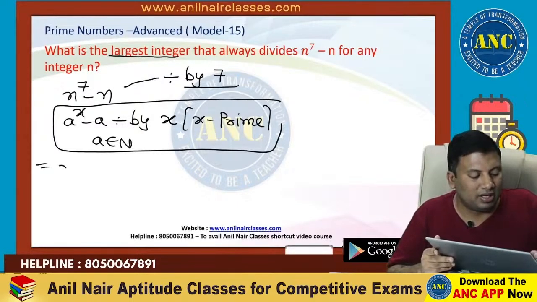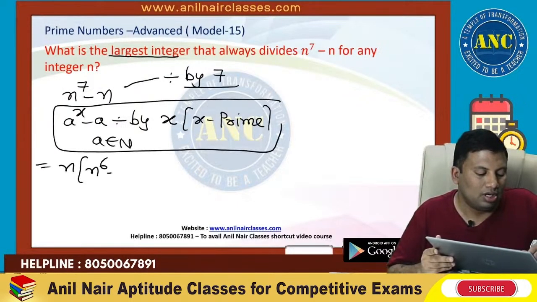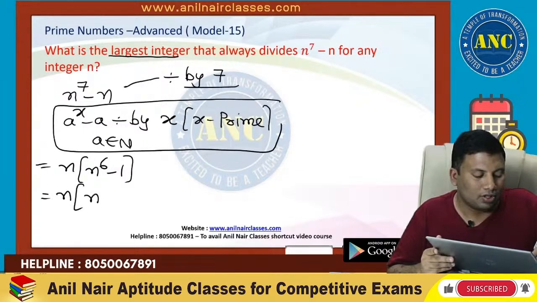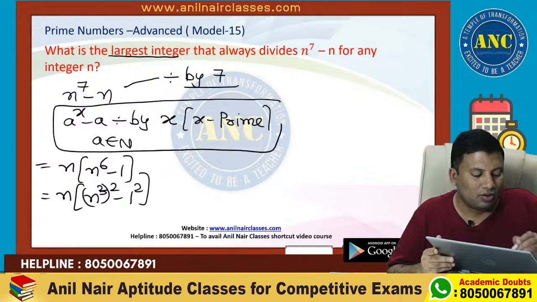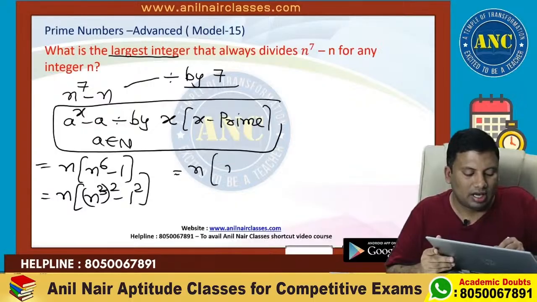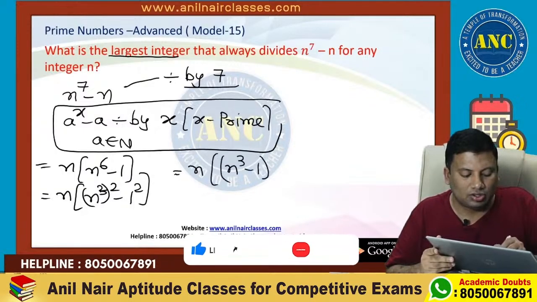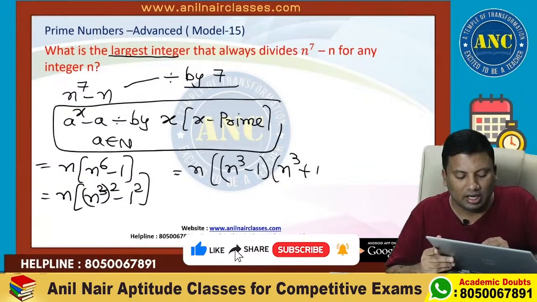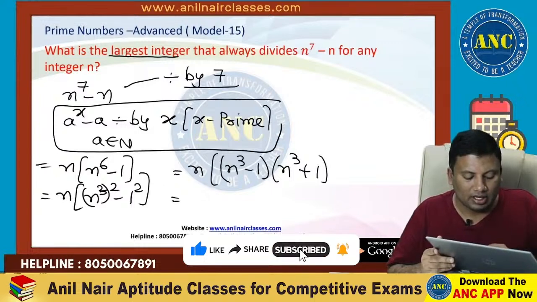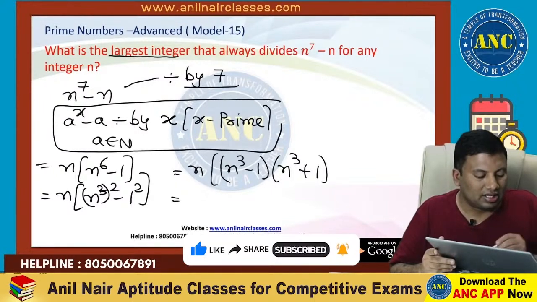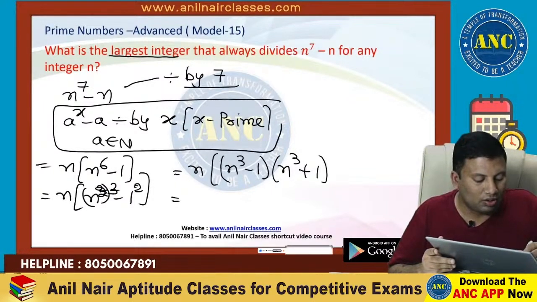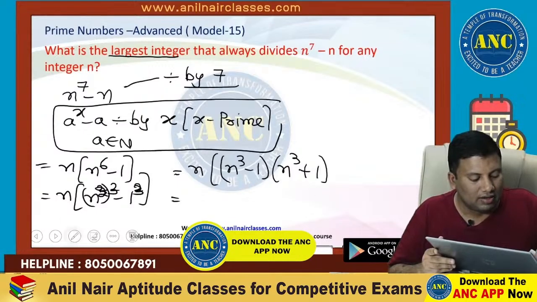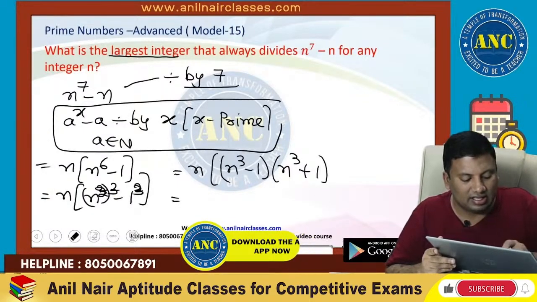So this can be written as n into n power 6 minus 1. This is n cube whole square minus 1 whole square, which is n cube minus 1 into n cube plus 1. n cube minus 1, we will write as n square whole cube minus 1 cube, so that we get some more factors easily.